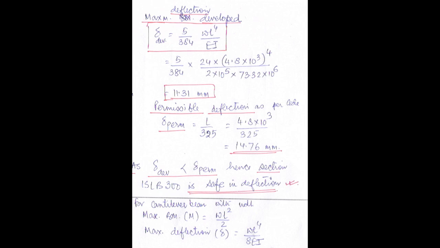And maximum deflection, what we have used over here, 5 by 384 into WL to the power 4 by EI. In case of cantilever beam with UDL, this value will be WL to the power 4 divided by 8 EI. So in case the question is modified, you can just change these two values, and the rest of the procedure or the steps remain the same.